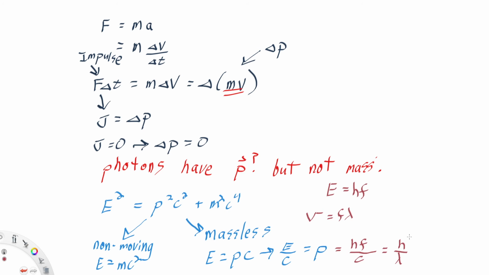And this is a way of writing down the momentum not of a particle with mass, but of a wave with a wavelength, which is kind of wild. But that's how we deal with the momentum of a photon.